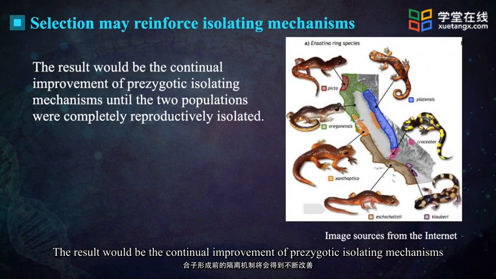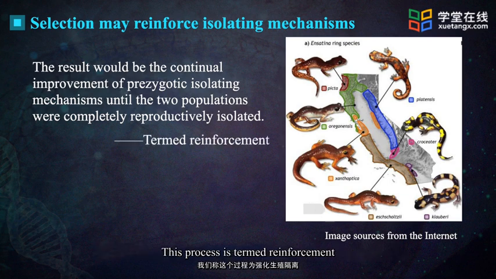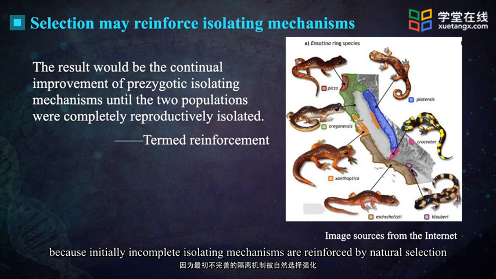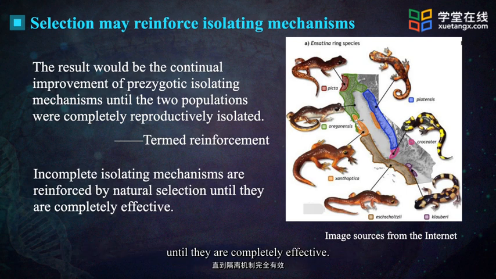The result would be the continual improvement of pre-zygotic isolating mechanisms until the two populations were completely reproductively isolated. This process is termed reinforcement because initially incomplete isolating mechanisms are reinforced by natural selection until they are completely effective.